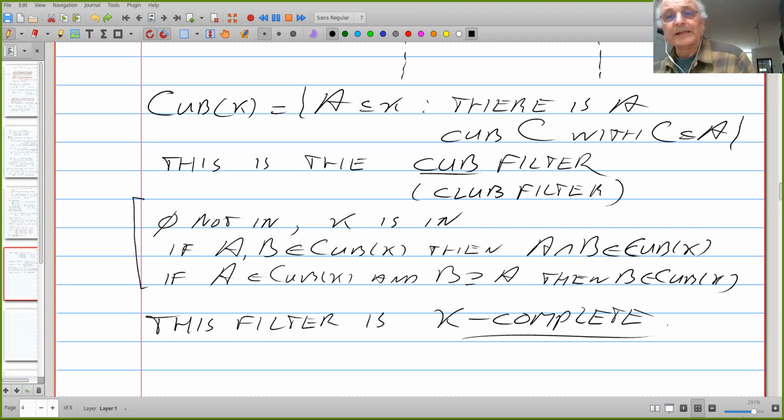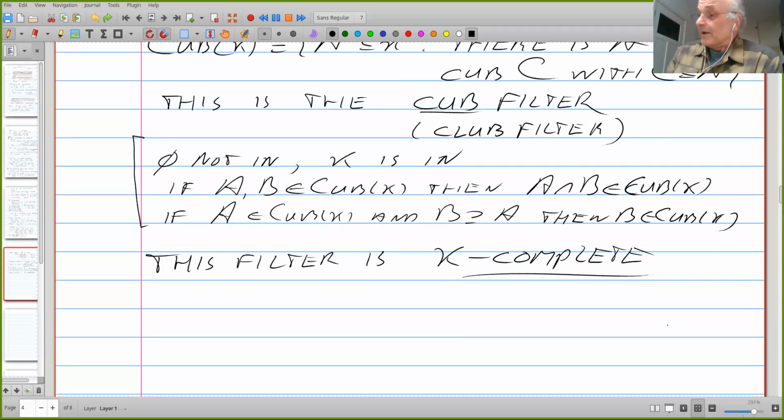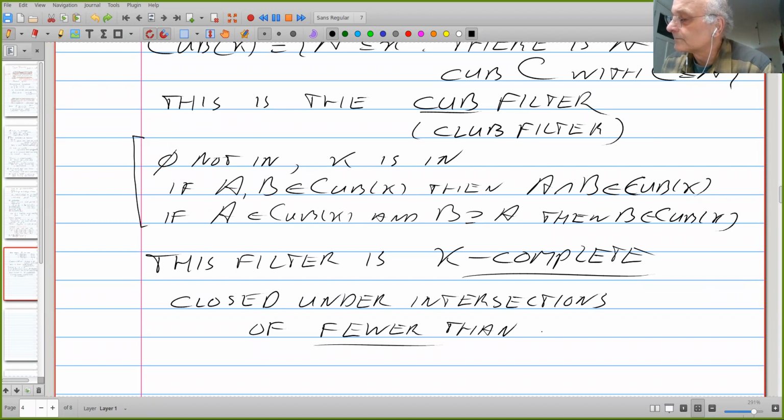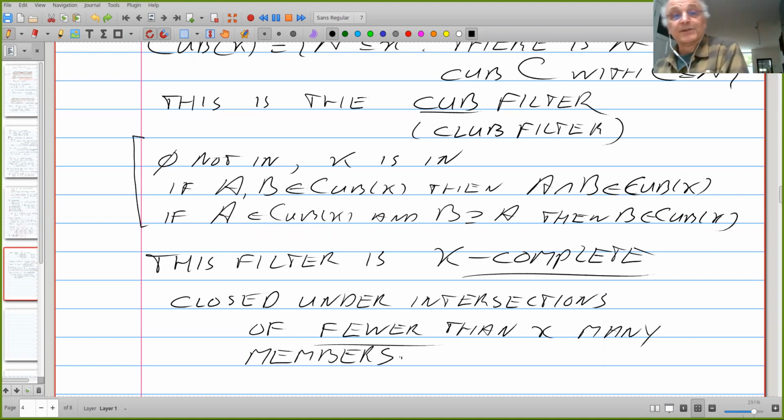And what does kappa complete mean? Well, closed under intersections of fewer than kappa many members.